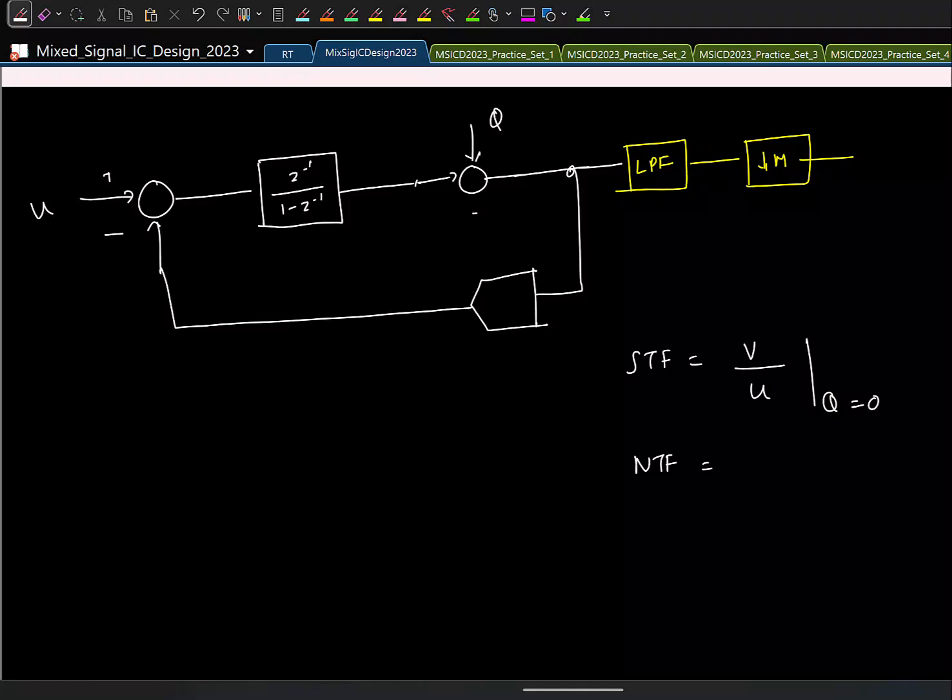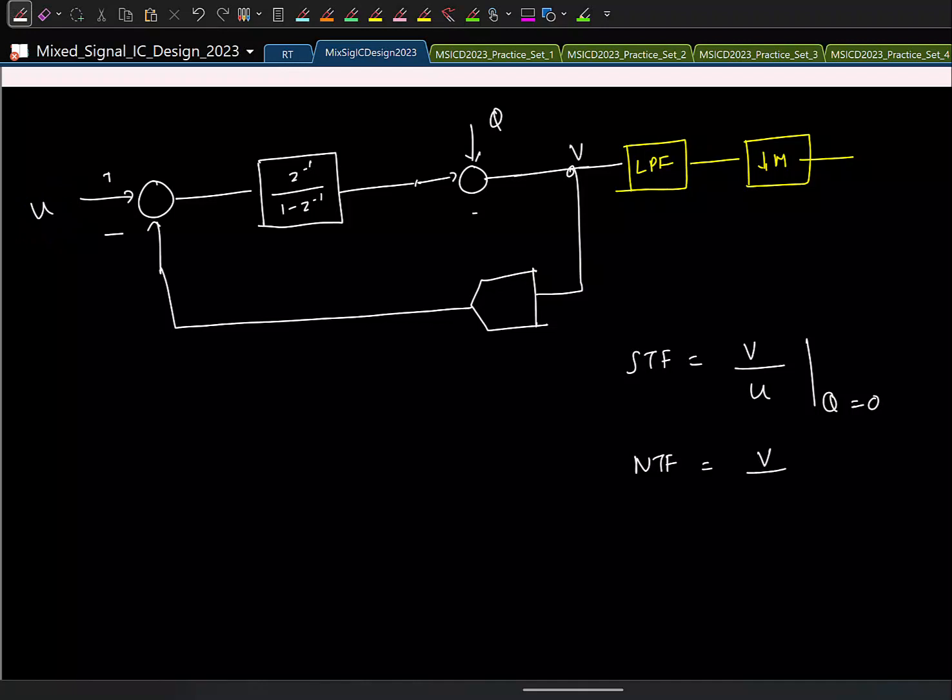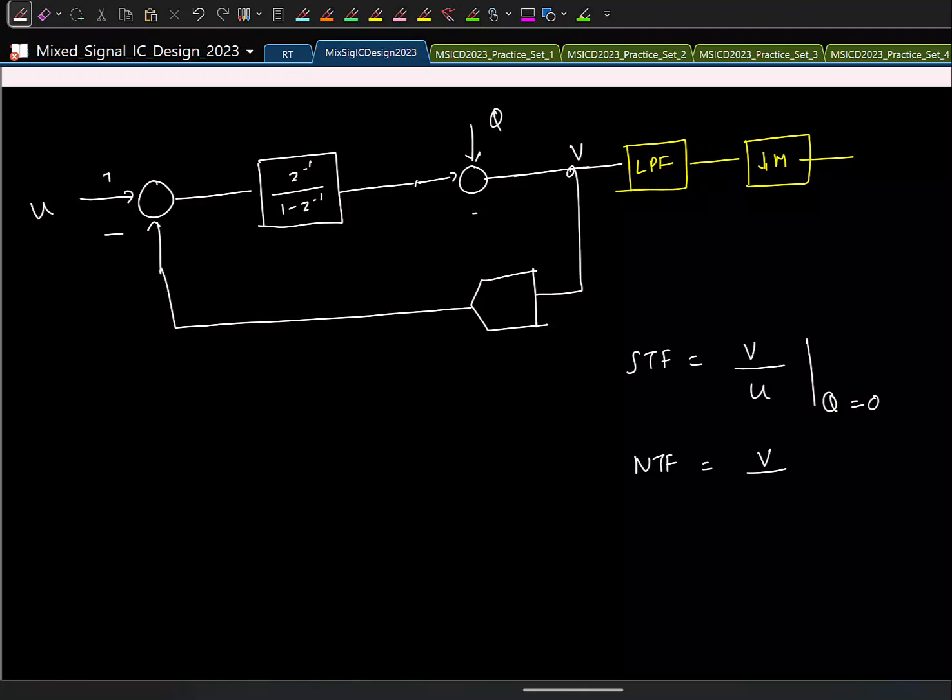I am trying to find the transfer function from where to where. That's U upon Q, and Q equals 0.